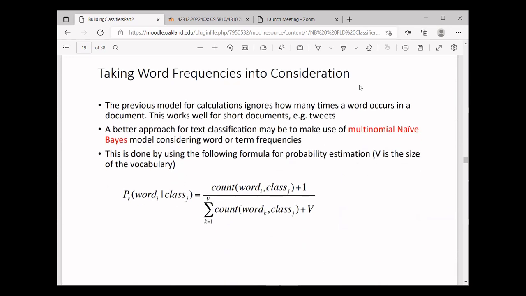Now, when you are working with words, the previous Laplace smoothing example I showed you is good when you are working with binary features. But in many text classification problems, you are working with words and you have a dictionary.